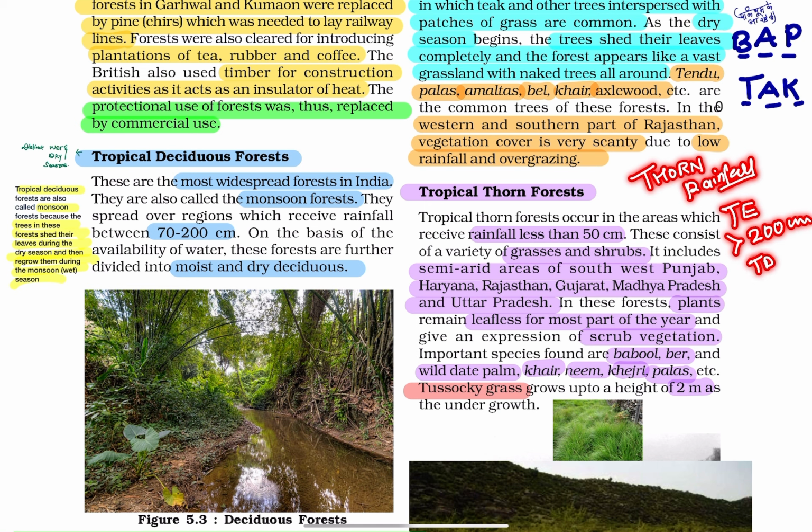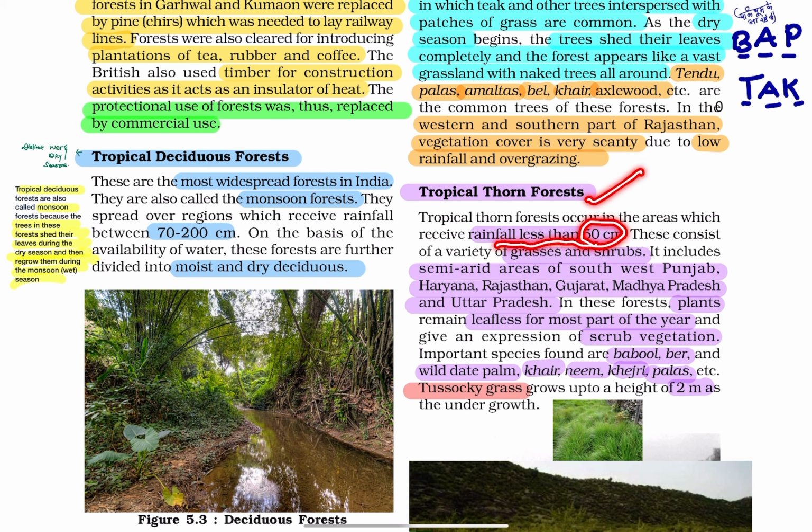In case of tropical deciduous forest, the rainfall was in the range of 70 to 200 centimeters; for moist deciduous the range was 100 to 200 centimeters and 70 to 100 in case of dry deciduous. Now, when it comes to the tropical thorn forest, the rainfall is less than 50 centimeters. Okay, less than 50 centimeters, this is what we have to keep in mind.